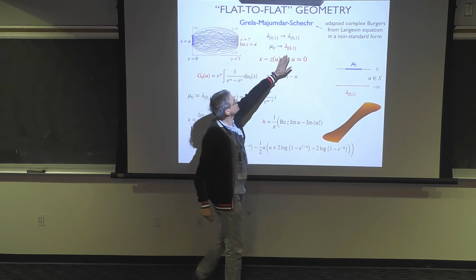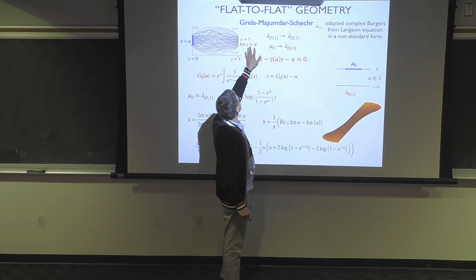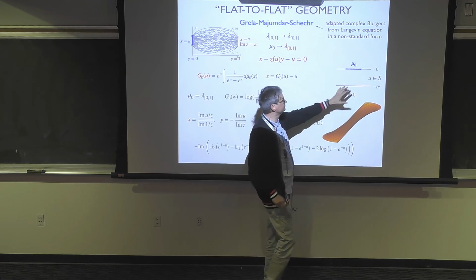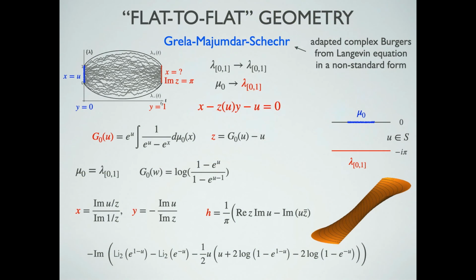But because of this condition, we know that the slope doesn't change anyway. So in this case, the natural region to choose our parameter u will be a strip between 0 and minus i pi. Here x will be equal to u. And here we don't know, but it doesn't matter that much because we know that the integer part just has to lie on this line.